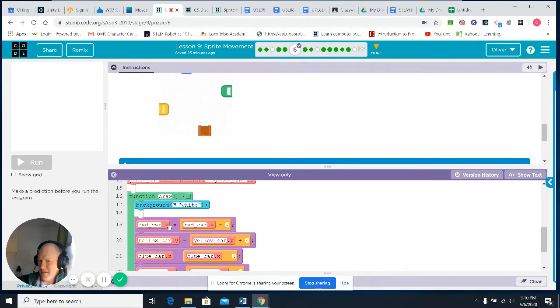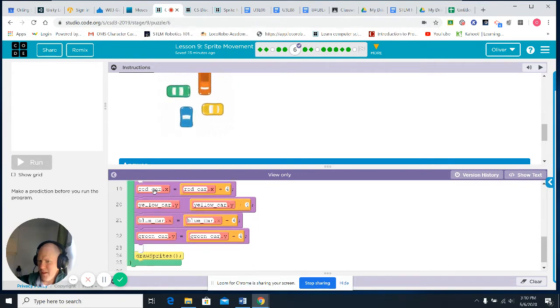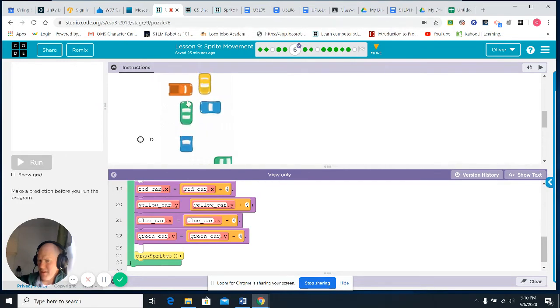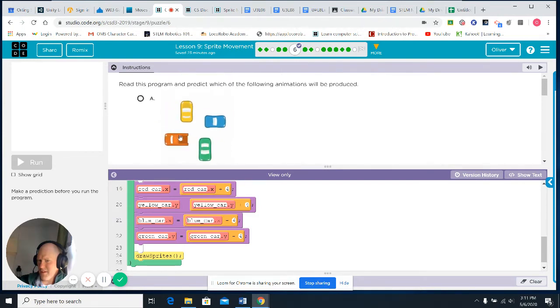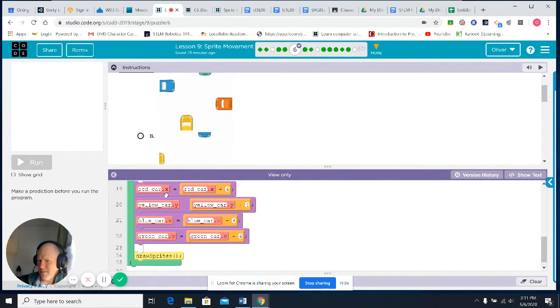Take a look at each of them. Red car X equals red car X plus 4. Well, let's see. Red car X, that means red car's X is going up. It's not this one. Red car's X is going up. Could be that one. Red car's X is going down.